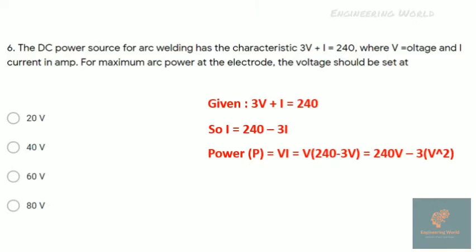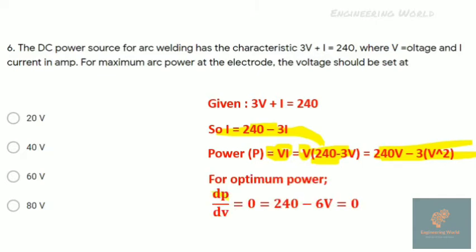As we know, power is equal to V into I, so V into 240 minus 3V. Then power is equal to 240V minus 3V square. For optimum power, we differentiate P with respect to V. So dP by dV is equal to 0, which is 240 minus 6V. So we get V is equal to 40 volt.